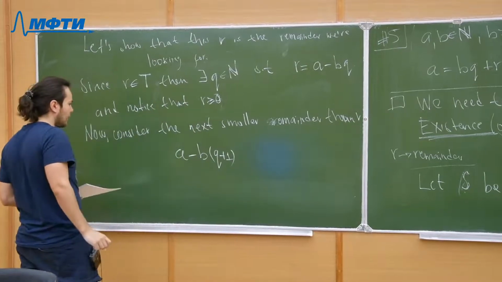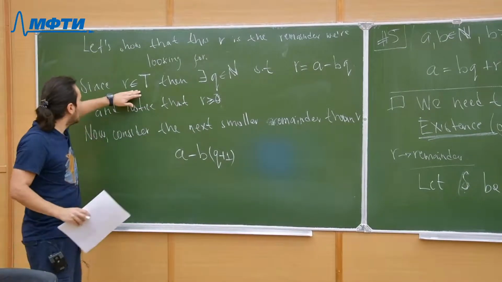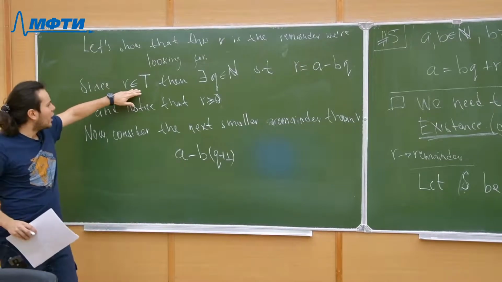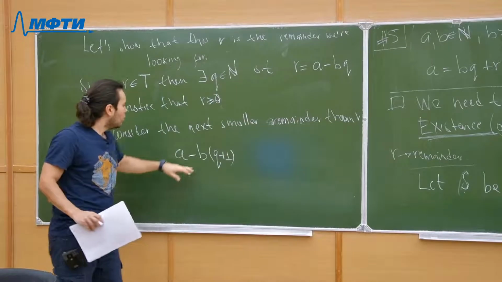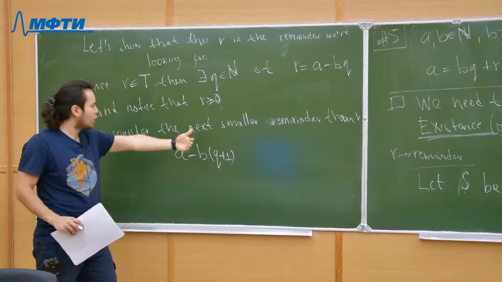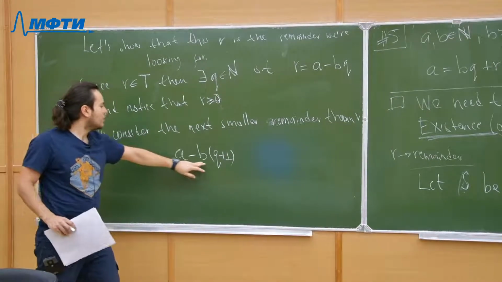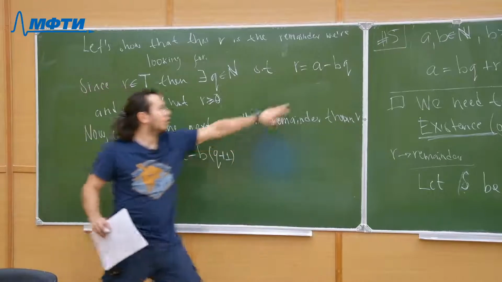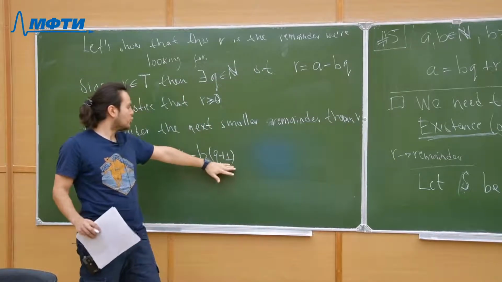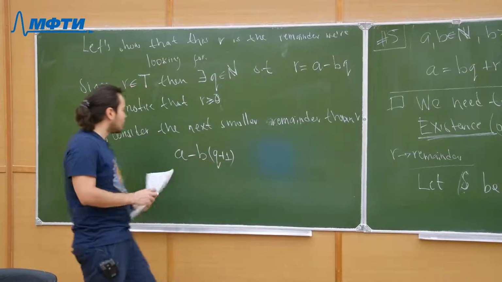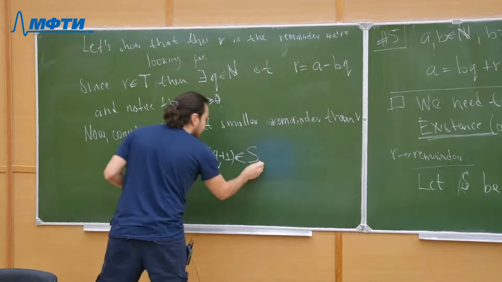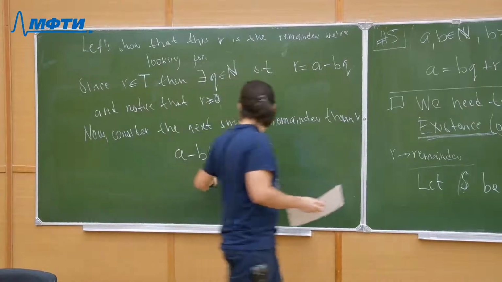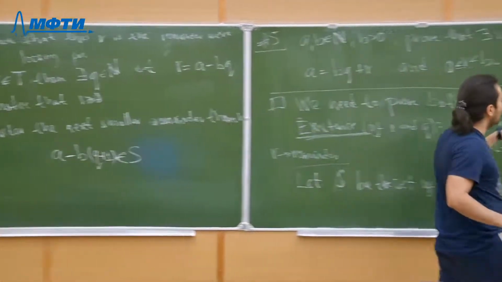Okay, so we had R, R is equal to A minus BQ. Now we have to consider the next smaller one, so we put A minus B times Q plus 1. We consider Q plus 1, and we can see that this is an element of S. This Q plus 1 is just any Q prime.